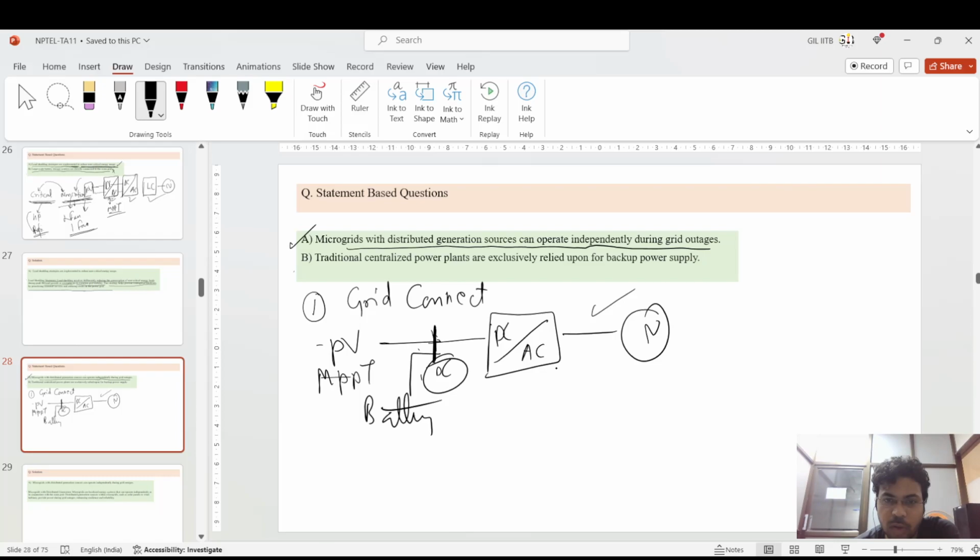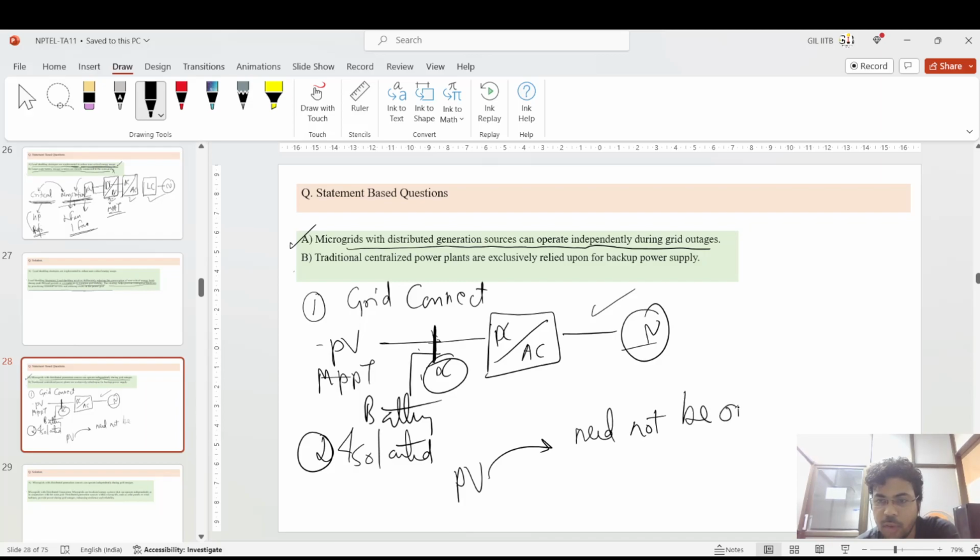PV is operating in MPPT and the battery is there. It is supplying the power or absorbing or discharging. It is fine. If extra generation is there, then it is sent to the grid. What happens when the isolated system is there, the islanded system? In this situation, the PV need not be operated at MPPT.